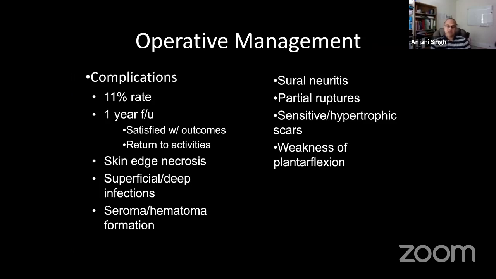So I do mention to them, especially, you have to be very careful in athletes and in ballet dancers who rely quite a lot on their big toe flexion. Then of course this could be a problem, and you have to thoroughly take them through a proper consent process and counseling. But in most of the other populations, which is elderly or middle-aged, beyond 40, it's not really a problem.